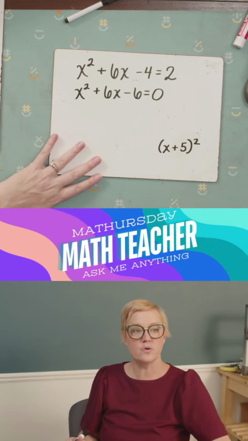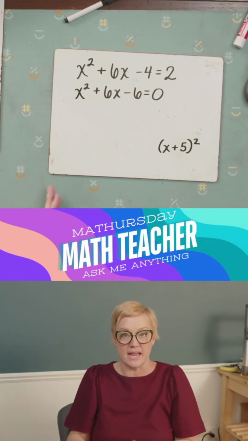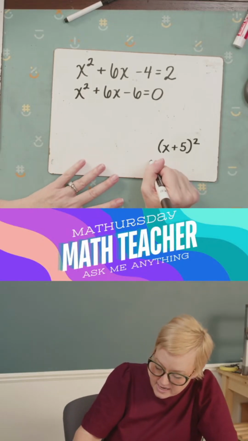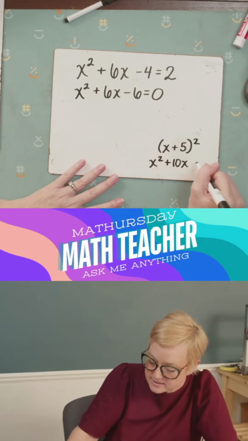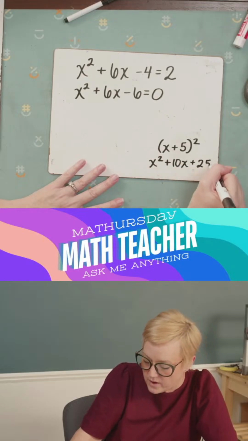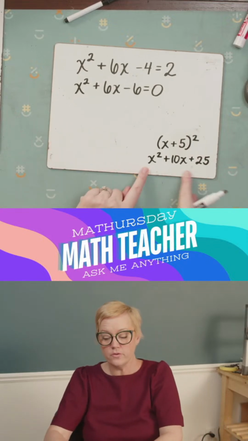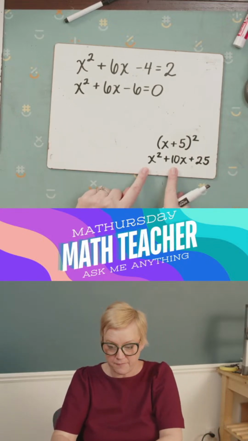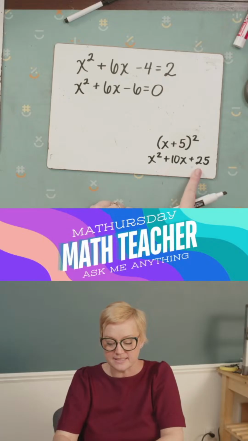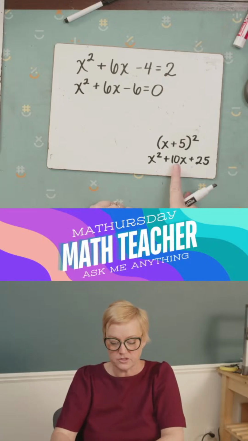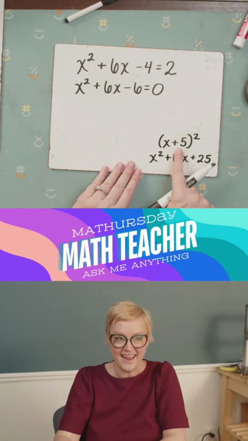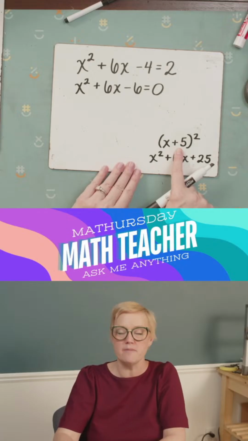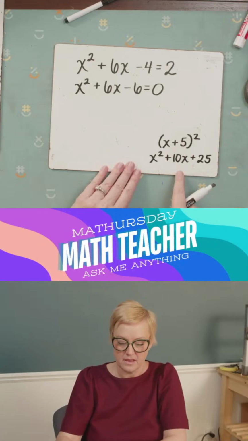So x plus 5 squared, if I do x plus 5 times x plus 5, that's going to give me x squared plus 10x plus 25. I know this is a perfect square trinomial because half of this value squared is this value. Okay, so half of this squared is this. And that half becomes that part right there. Okay, yep, so it's a squared plus 2ab plus b squared, exactly.